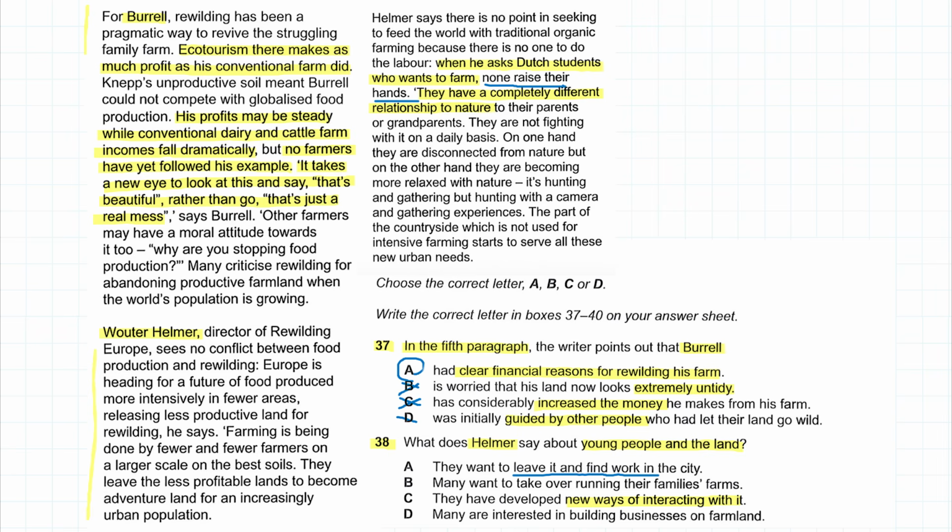So yes, it looks like C is correct. But what about D? Many are interested in building businesses on farmland. Again, that wasn't mentioned. So our answer is 38C.